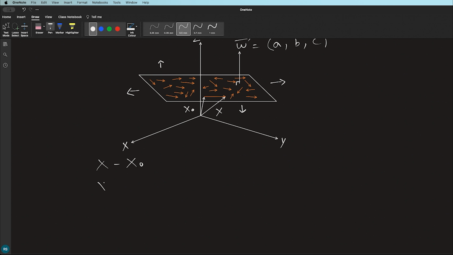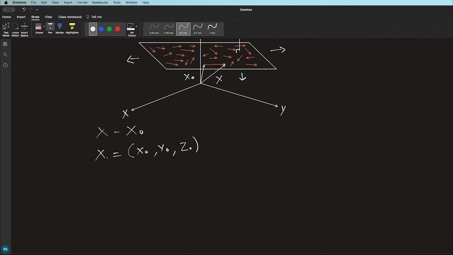So here x naught is say x naught, y naught and z naught, and here x is x, y and z. Now I want to find x minus x naught, which is x minus x naught, y minus y naught and z minus z naught.